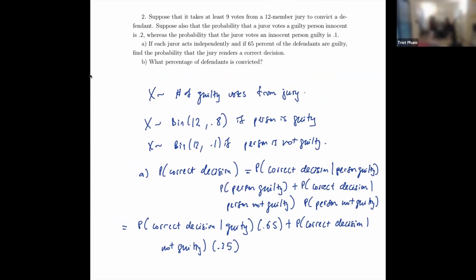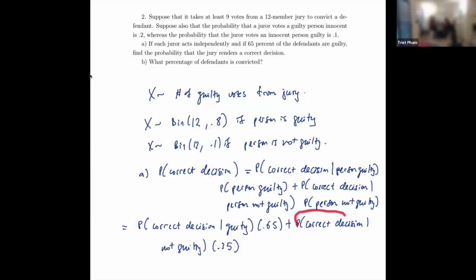And how can we continue with this calculation? How do we calculate the probability that the decision is correct if a person is guilty?